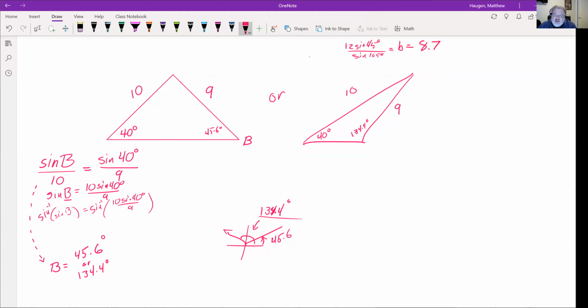Both of those triangles satisfy what we were told. Both are valid triangles for these 3 pieces of information. So if we're asked to find all the other sides for the triangle, we end up with 2 answers. We end up with 2 triangles.